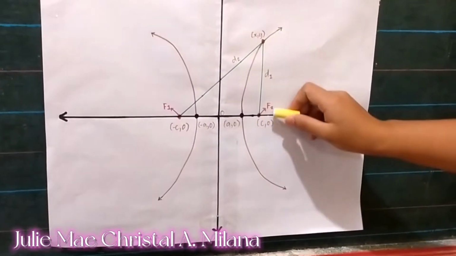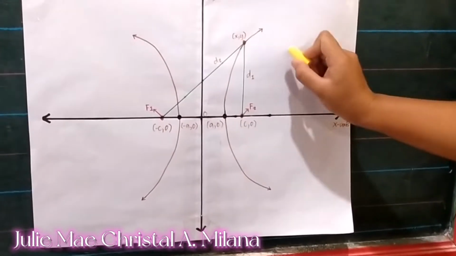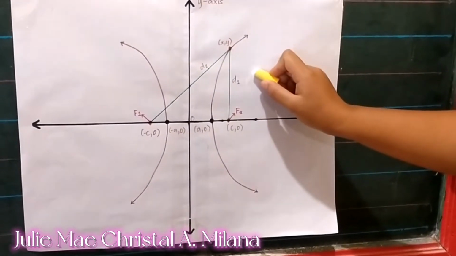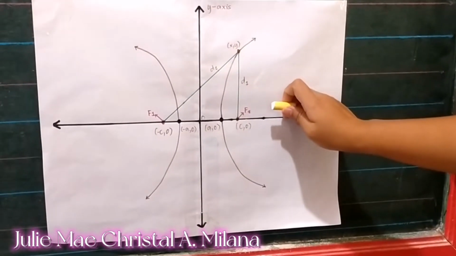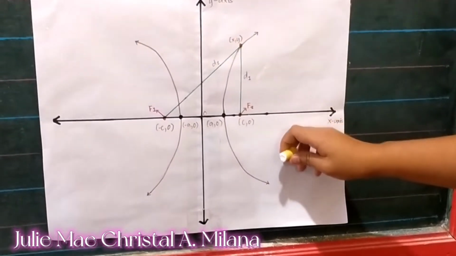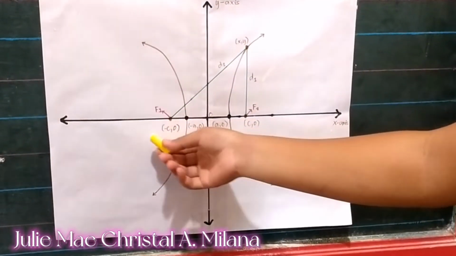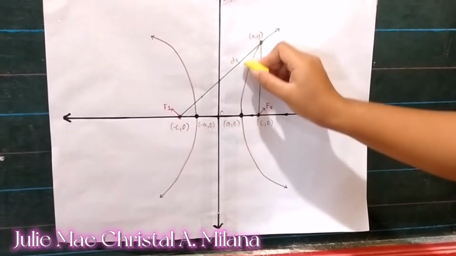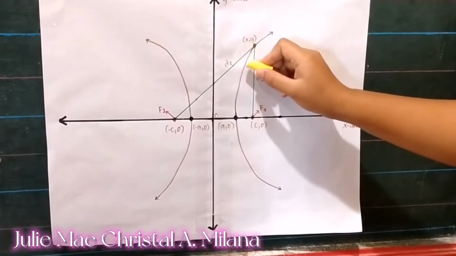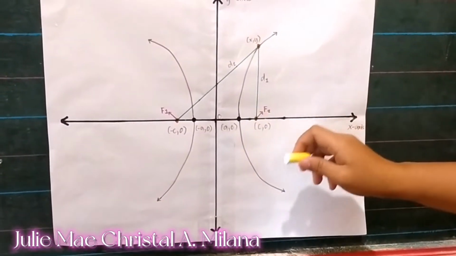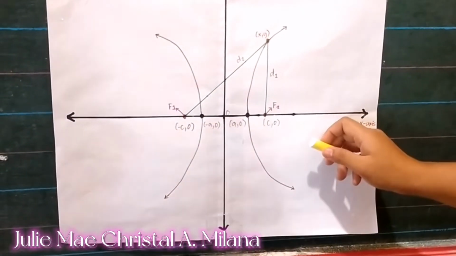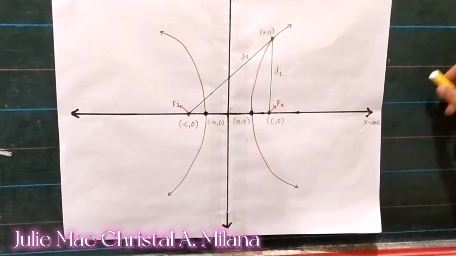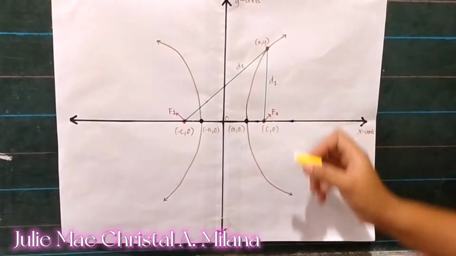Then, the point from the XY to the negative C and 0 component is called D sub 2. So, if we subtract D sub 1 from D sub 2, the locus of the hyperbola is 2a. So, this is the formula.